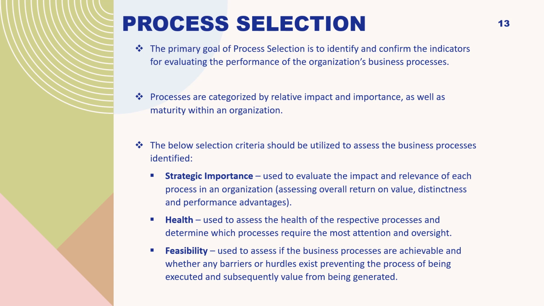The final selection criteria is feasibility, which is used to assess if the business processes are achievable and whether any barriers or hurdles exist preventing the process from being executed as efficiently and effectively as possible, and subsequently value from being generated by the business process.